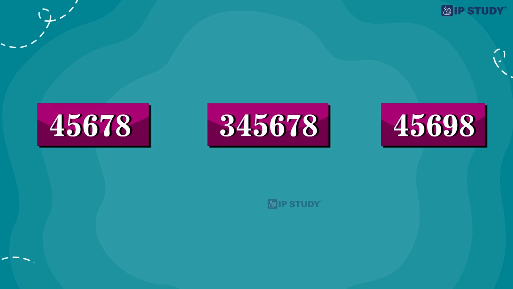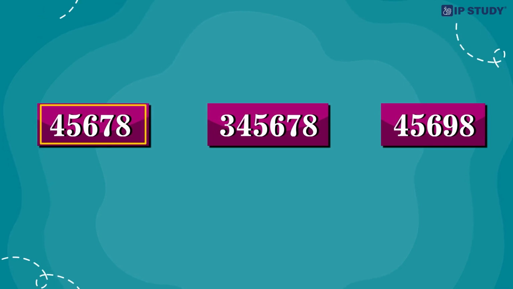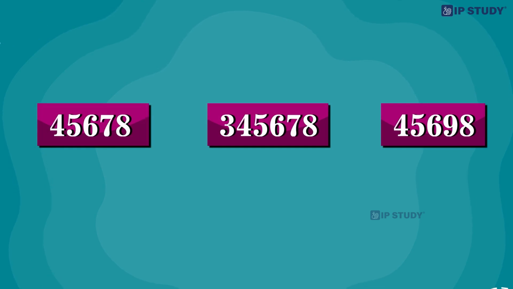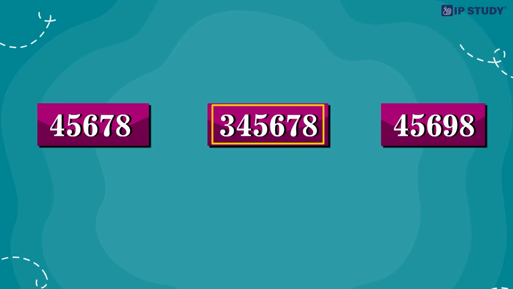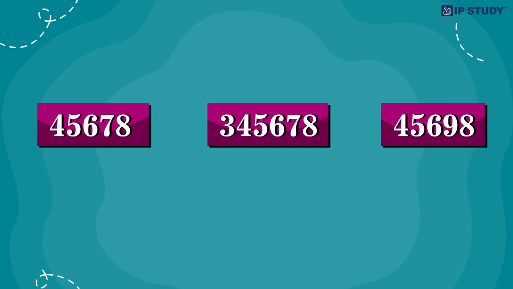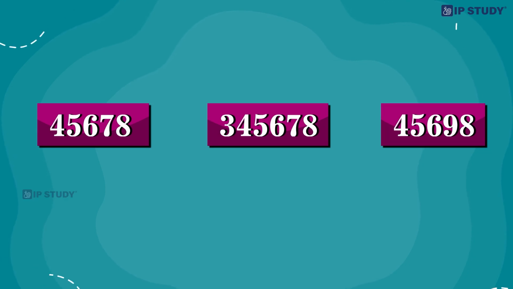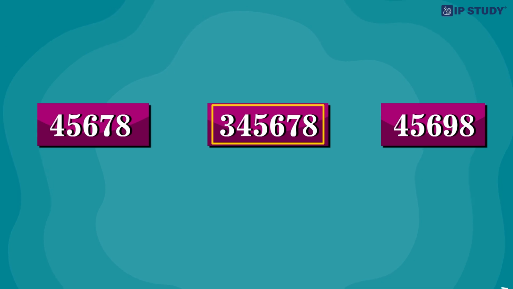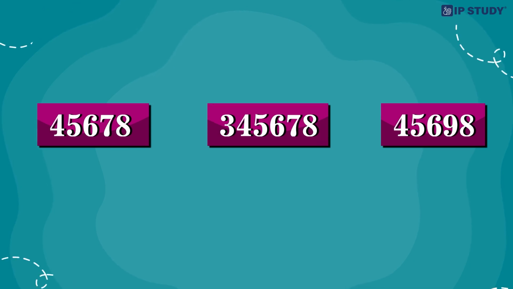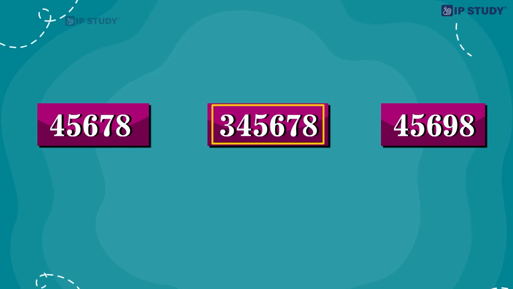For example, consider the numbers 45,678, 345,678 and 45,698. 345,678 has more digits, so it is the greatest number.